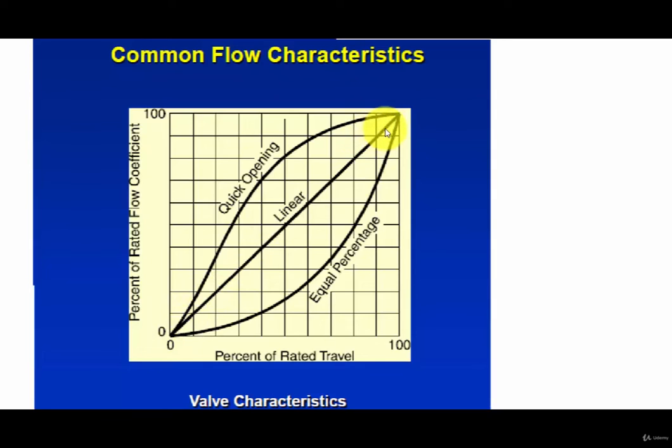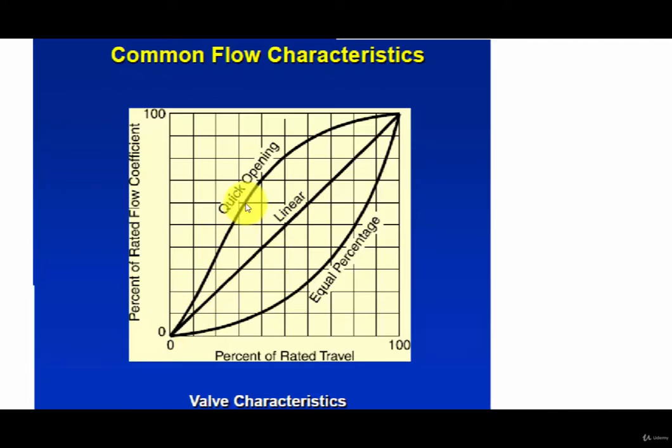This is theoretical, because it is impossible to get exact linear, since it depends on the geometry of the components inside the valve. However, we still use the linear characteristic for certain control parameters, which we will see next. So this is a linear characteristic.